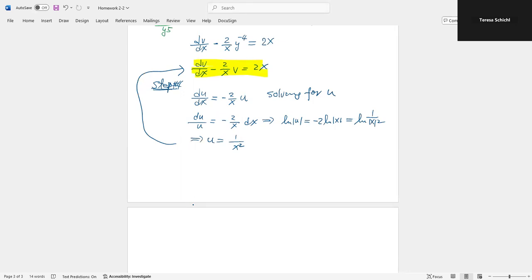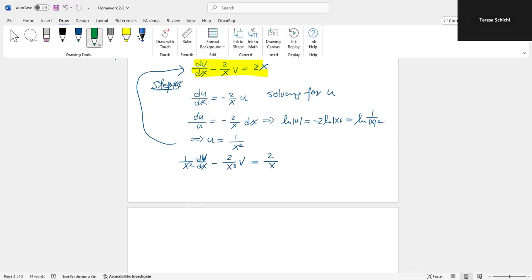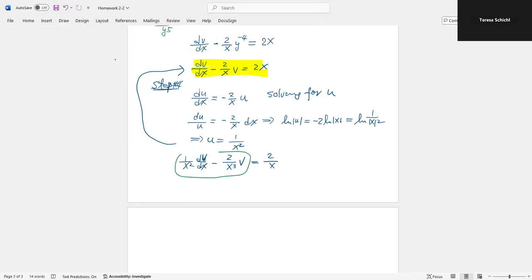So it's 1 over x squared times dv/dx minus 2 over x cubed v. I'm sorry, this is dv/dx, right? Then it's equal to 2x, so it will be 2 to the x. And then we did this many times in my previous video, so we know this was here.